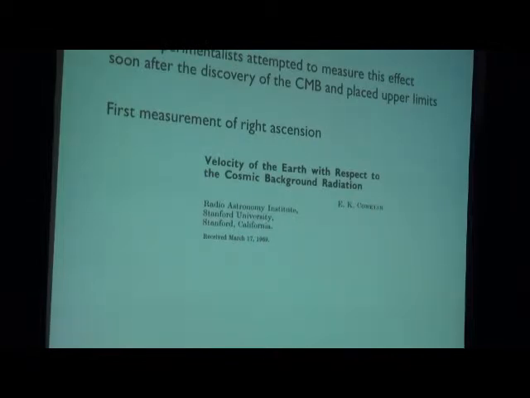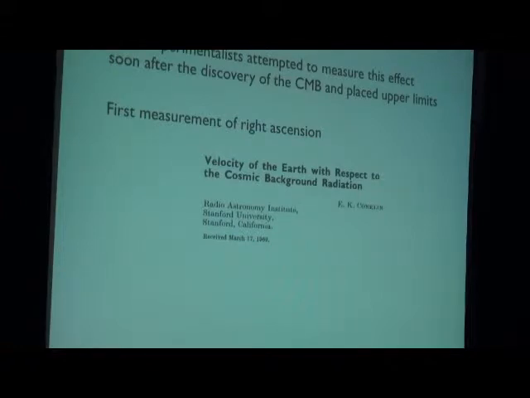So this was understood very early on, and experimentalists attempted to measure this effect. Basically from the beginning, there were early measurements by Partridge and Wilkinson that placed upper limits. And then the first measurement of the right ascension, at fixed declination, was by Ned Conklin.